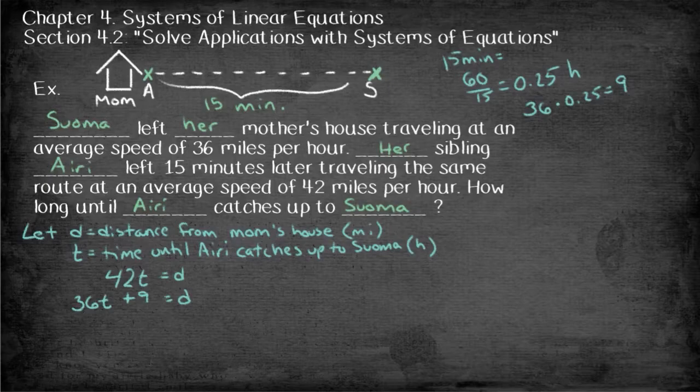Okay, now, this is pretty prime territory for substitution again, because both equations are in terms of the same variable. So I can just set these two guys equal to each other.